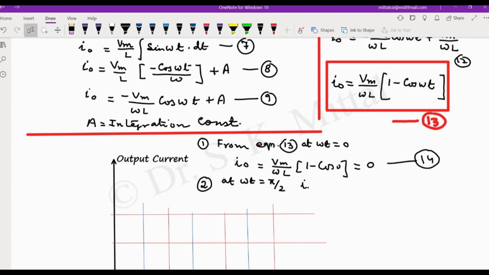At omega t is equal to pi by 2, I0 is equal to Vm upon omega L times 1 minus cos pi by 2. Cos pi by 2 is equal to 0, and therefore I0 is equal to Vm upon omega L.